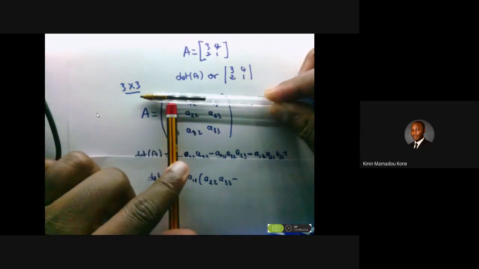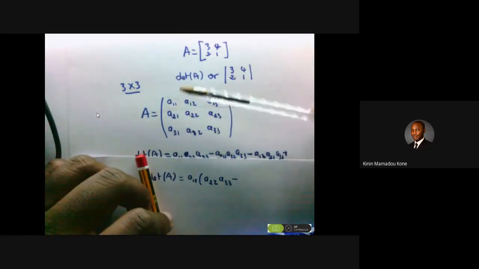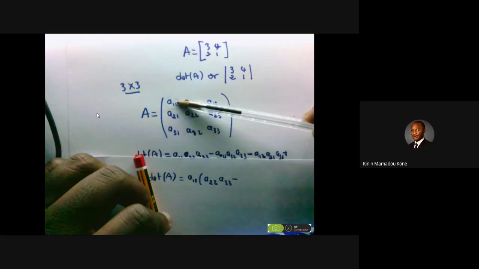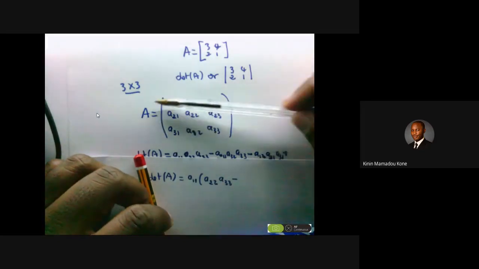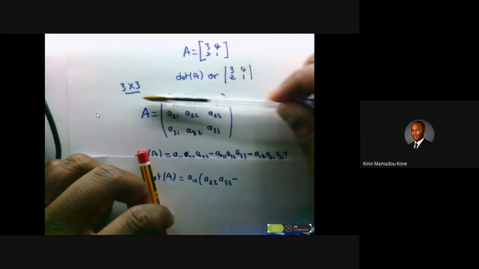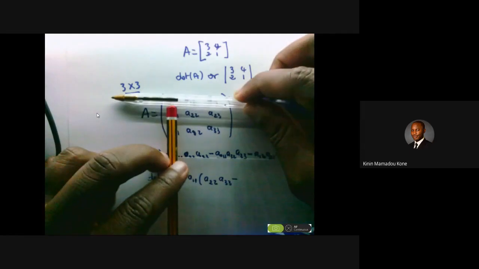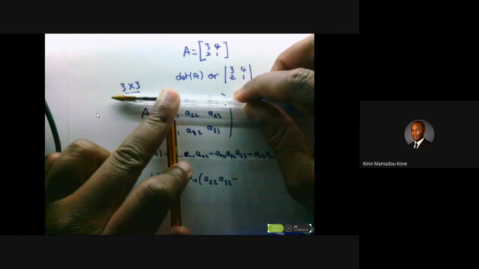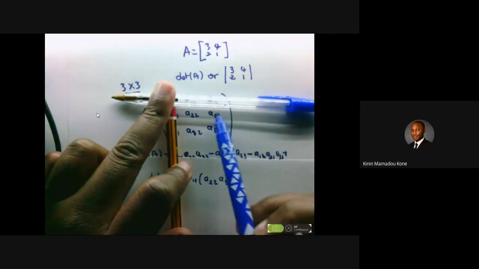Yes, so if you take this element A11, A11 is located at the first row in the first column. So that means I have to eliminate the first row and the first column. So if I eliminate the first row and the first column, I'm left with this matrix over here.